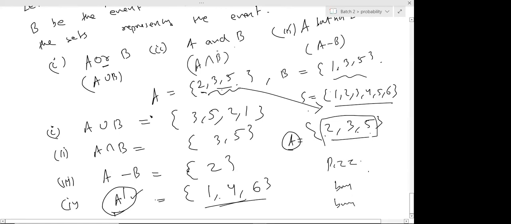If Peer likes pizza, then what does Peer not like? Brownies and burgers. So if set A is 2, 3, 5, then not A will be 1, 4, 6. Whatever is not A will be there. So what is not in A? 1 is not in A, 4 is not in A, 6 is not in A.